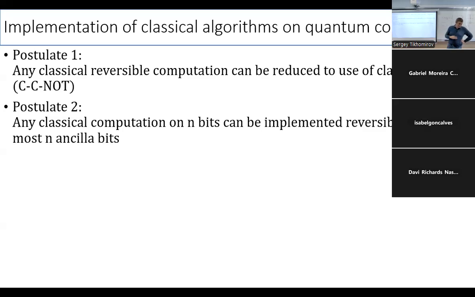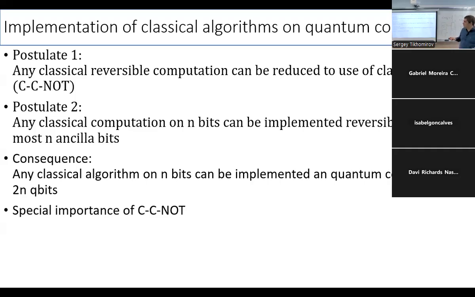And this is not my theorem. This is theory of computer science of classical computations, so I don't want to touch it very deeply. I just want, as a consequence of this, to remember that if I have a certain classical algorithm on n bits, then I can consider a quantum computer with 2n qubits and create a program which does the same as was done by the classical program.